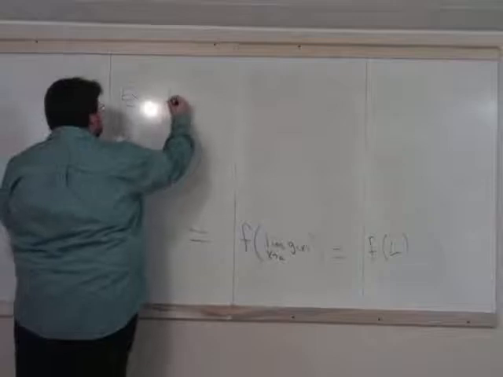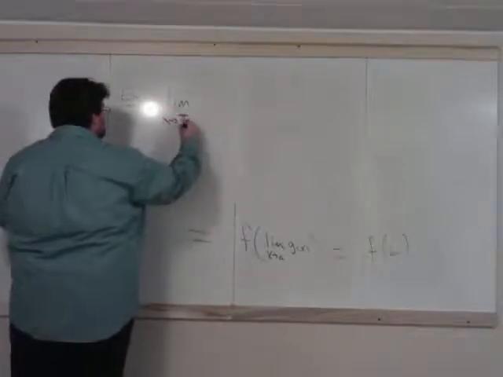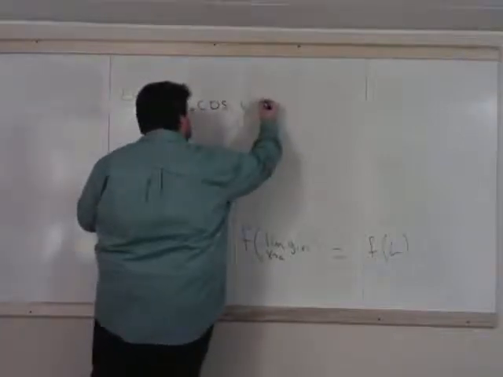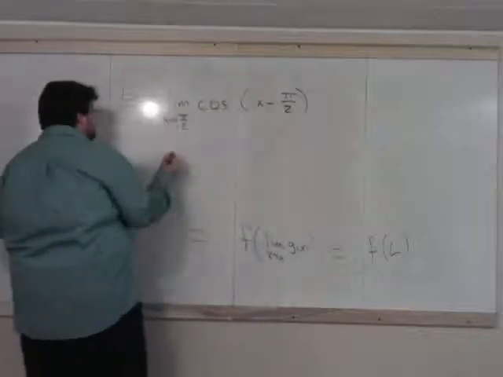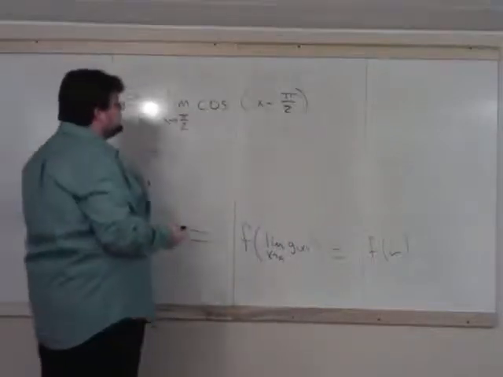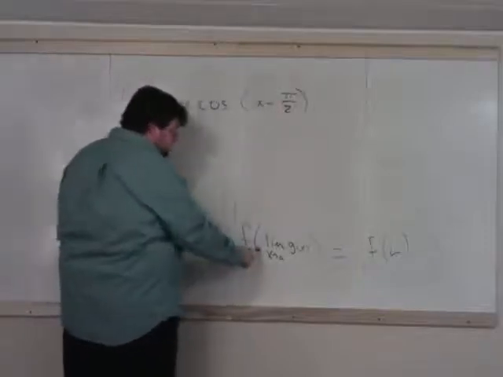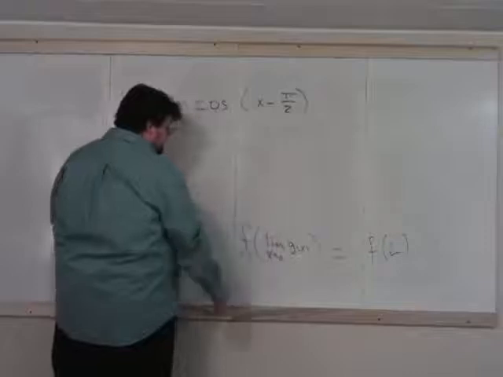Example: limit as x approaches pi over 2 of cosine of x minus pi over 2. Well, we can use this theorem to force this limit inside that function. That's what this theorem is doing. It's taking the limit and forcing it inside the function.